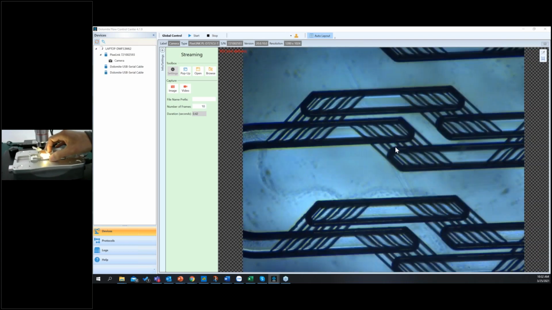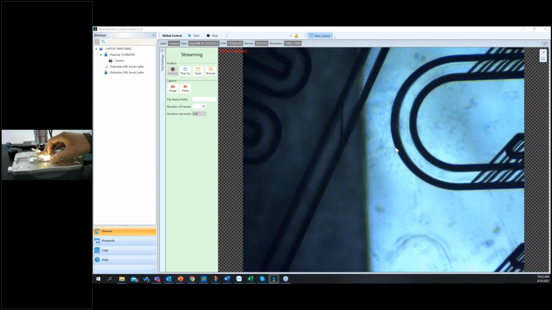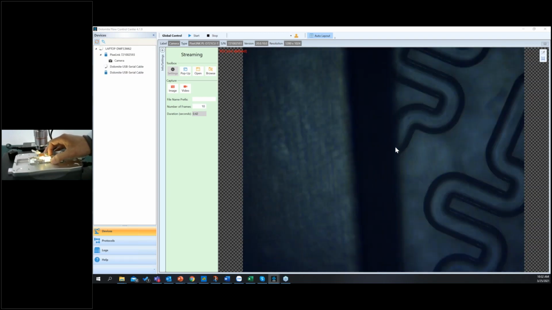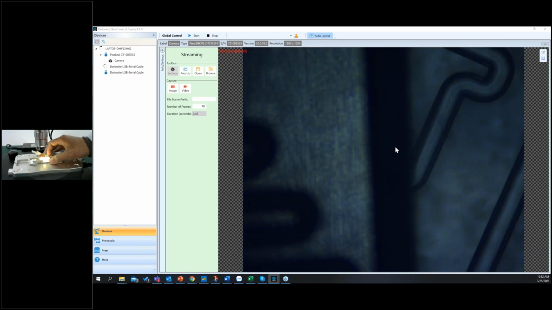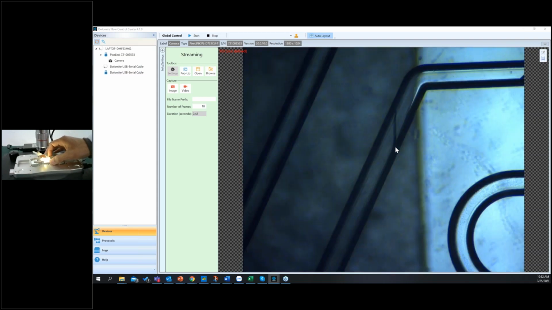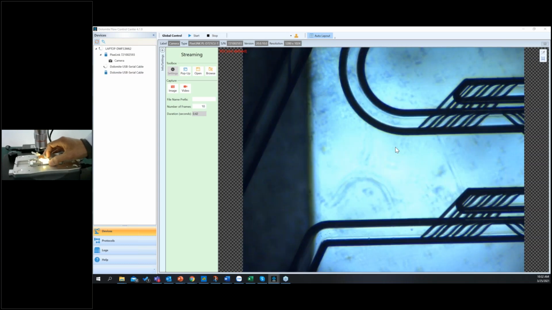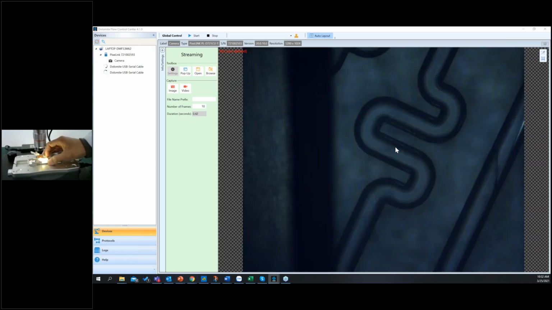Here are the input chip areas, you can see.